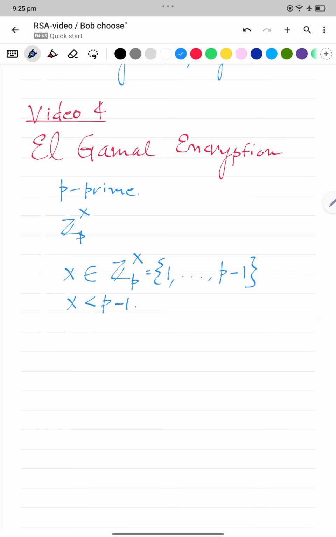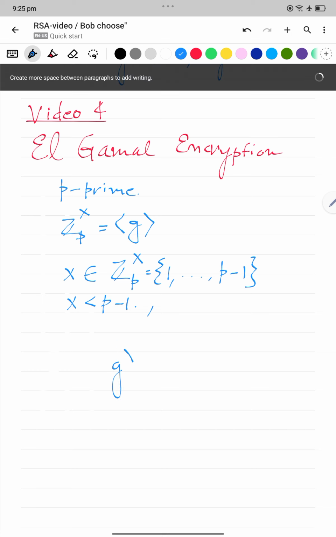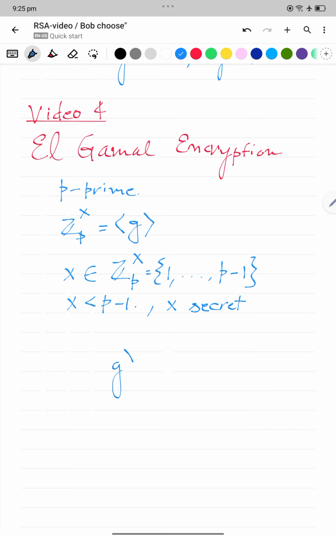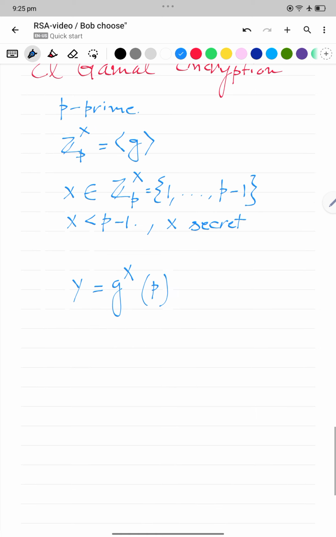As we know this is a cyclic group, G is a generator, so we consider G power X. X is a secret. We denote this by Y, everything mod P. In other words, everything is happening in ZP star.